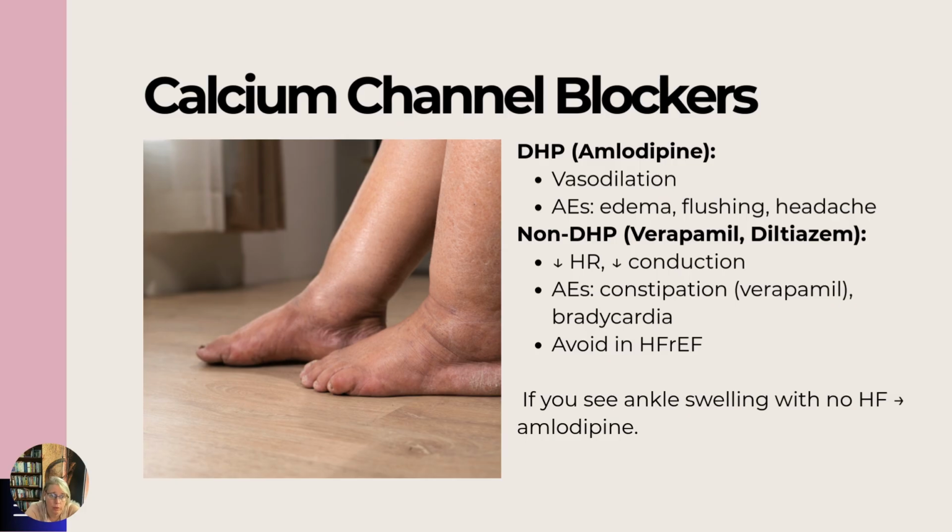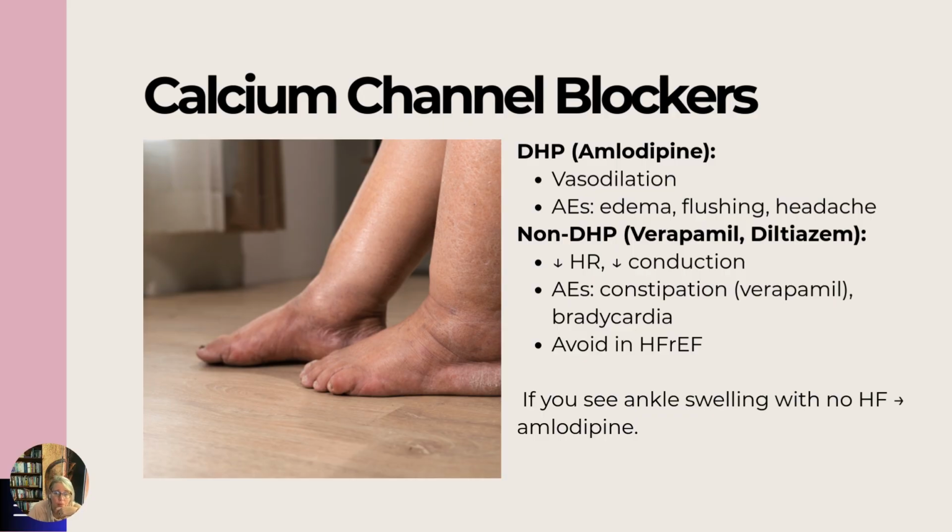We want to avoid using non-DHPs when there's any sort of heart failure with reduced ejection fraction. If the ejection fraction is less than 40%, they're not going to be using things that slow the conduction of the heart directly.